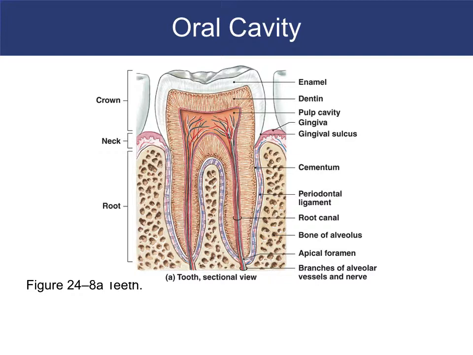And he runs it up and down. It's really tiny, and cleans all of this out. And then they usually pack it with something, or just leave it hollow and empty for the rest of your life. That's what a root canal is.